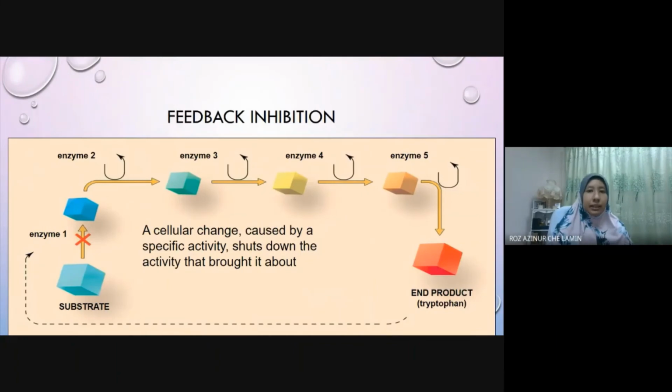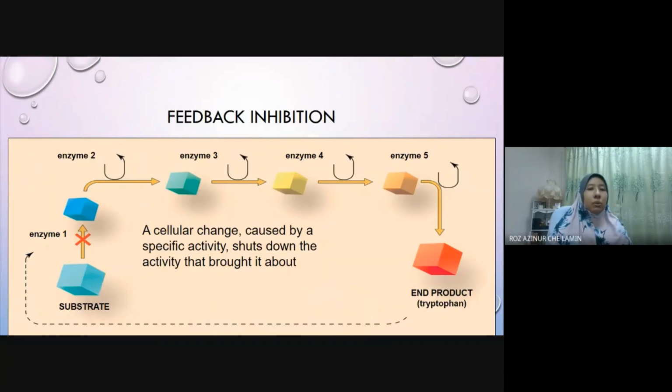Okay, lastly is the feedback inhibition. First of all, the substrate can bind with the enzyme and produce the products. Okay, so this is a series of reactions that produce the end products. This process occurs repeatedly until a certain amount of the end product has been produced. The product itself can inhibit the enzymatic reaction.